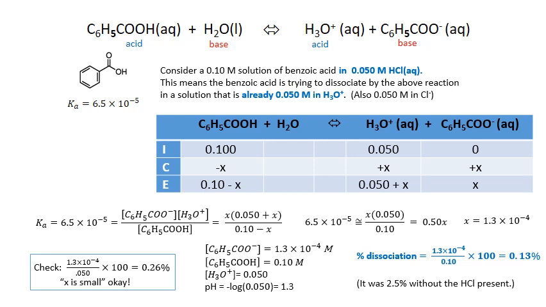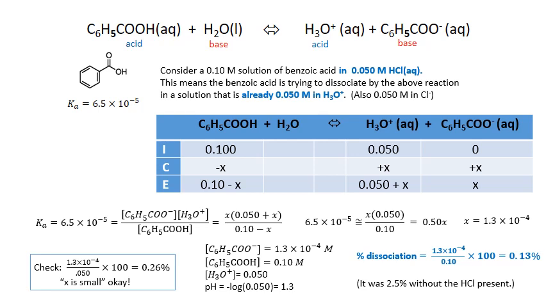This is an example not only of Le Chatelier proven correct, it's also often called a common ion effect, because the HCl dissociating in water produces H3O plus, and the benzoic acid dissociating in water produces H3O plus. So they have a common ion. They're both trying to produce H3O plus. The HCl is a strong acid, produces this H3O plus, and it inhibits the dissociation of the benzoic acid.